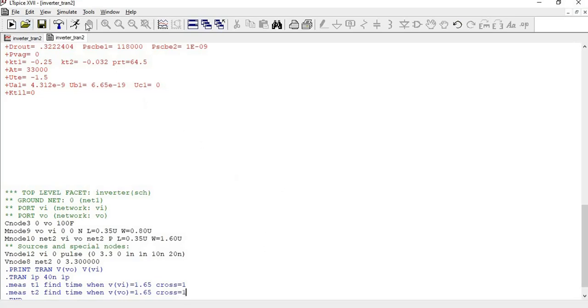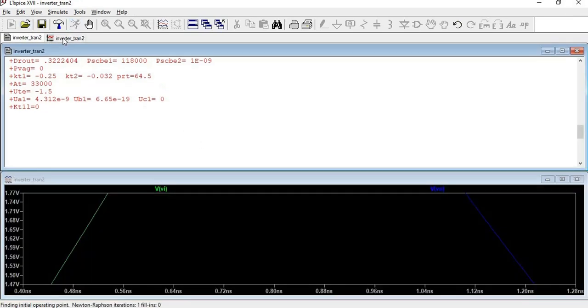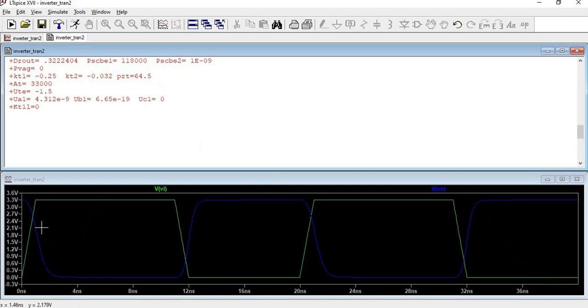From the simulation, let us just try to simulate it again. We are looking at this first occurrence. Actually, you can use the second, third, fourth, depending on what you are solving. Since we are solving for the high to low transition, we can only use the first and third transition.